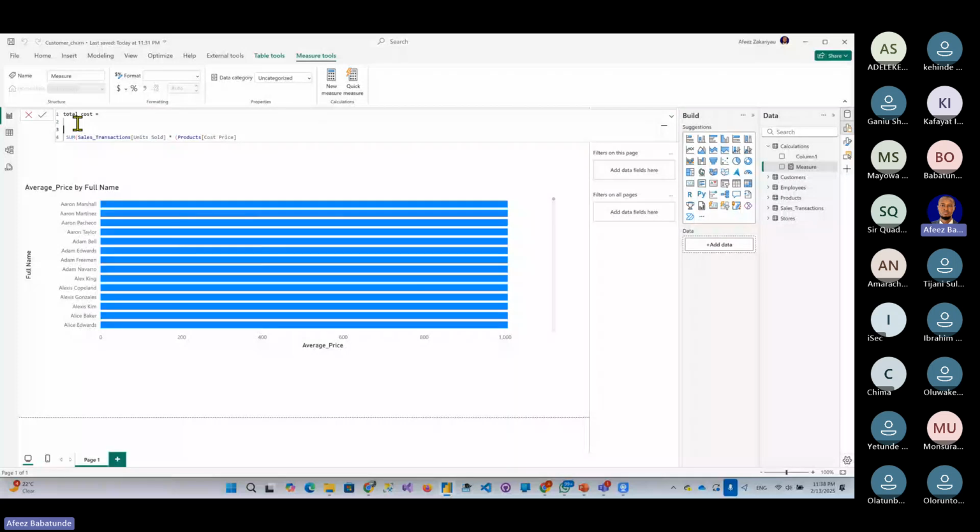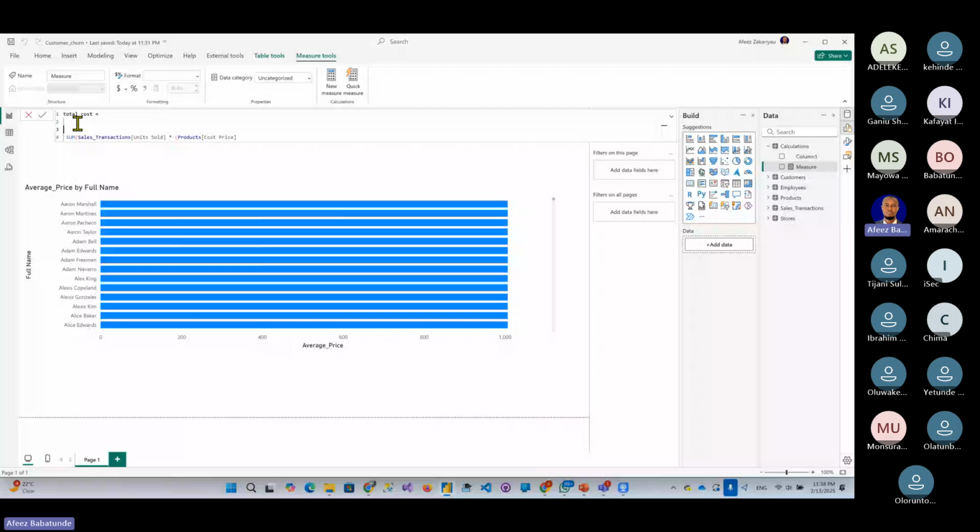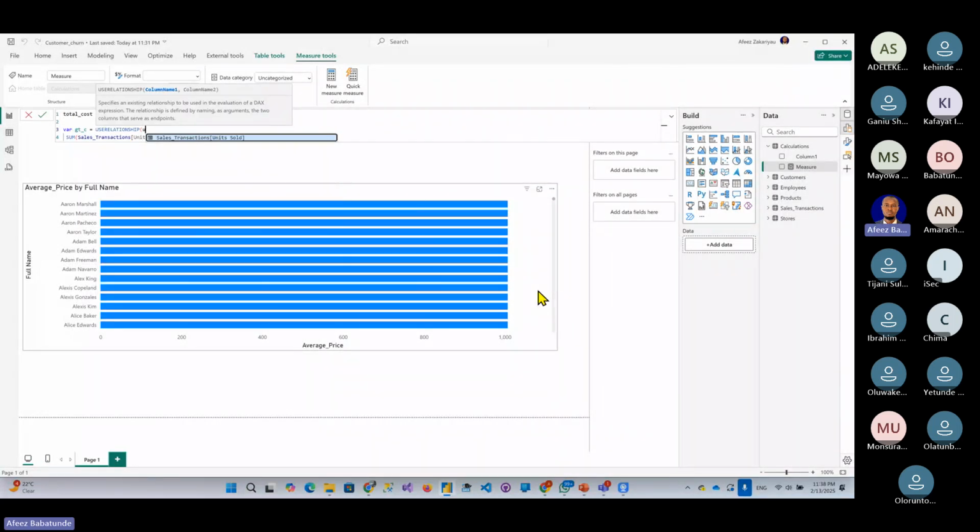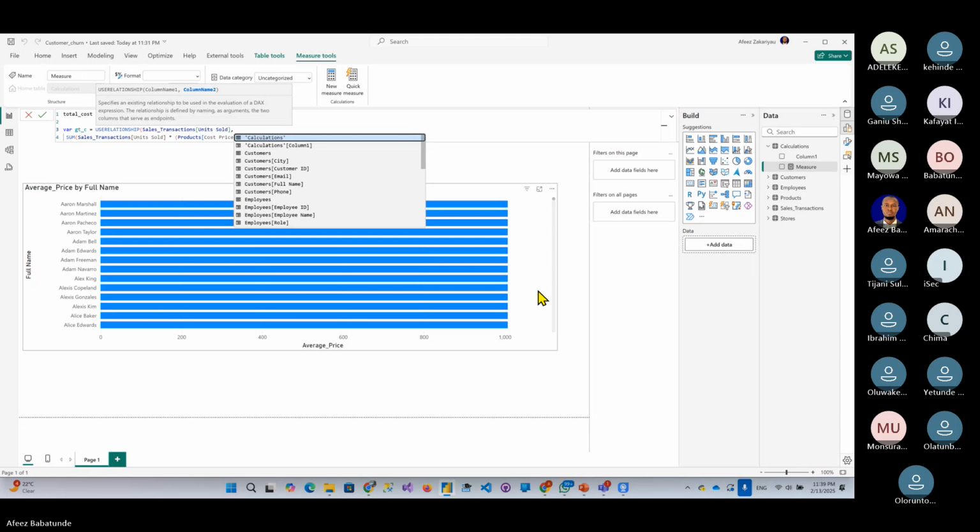I want to create a variable here, and I will call that variable, let me say, get cost, is equals to use relationship, unit sold multiplied by column 1 and column 2. Unit sold and product cost price.